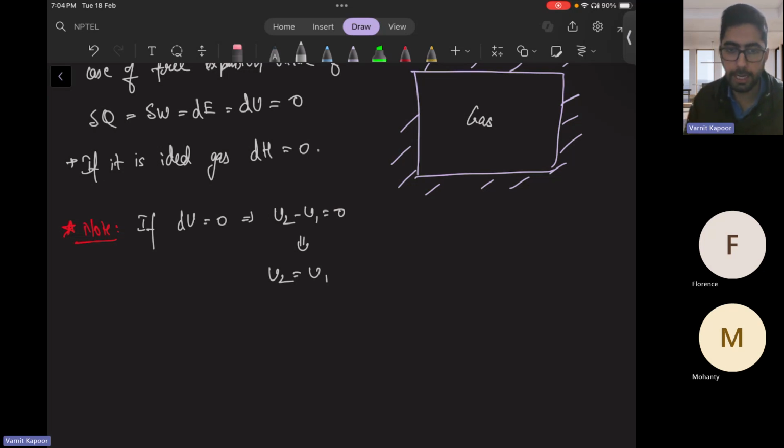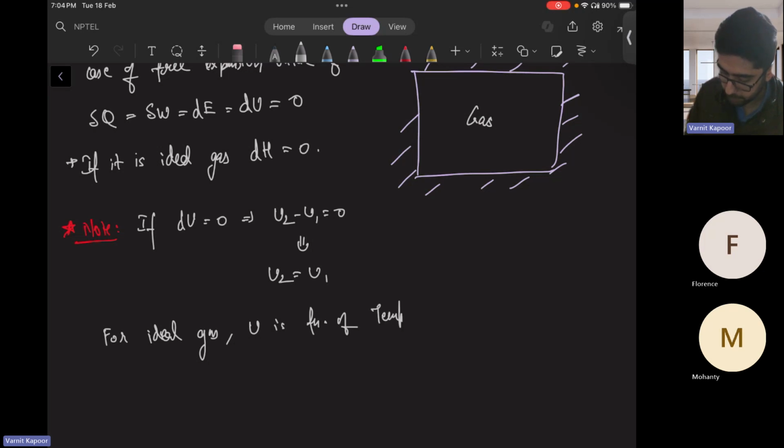And we know that for an ideal gas, internal energy is a function of temperature. For ideal gas, U is a function of temperature.